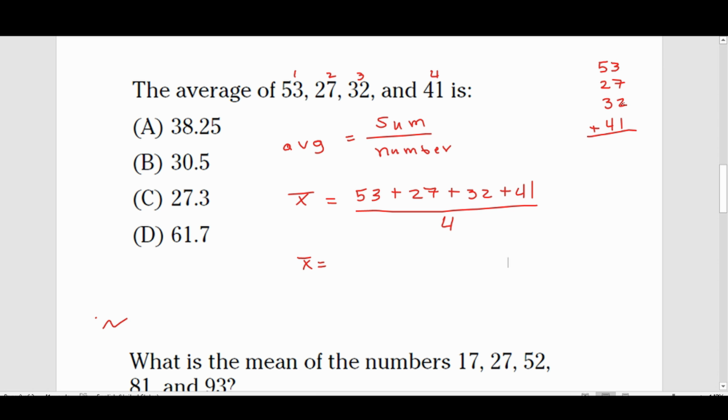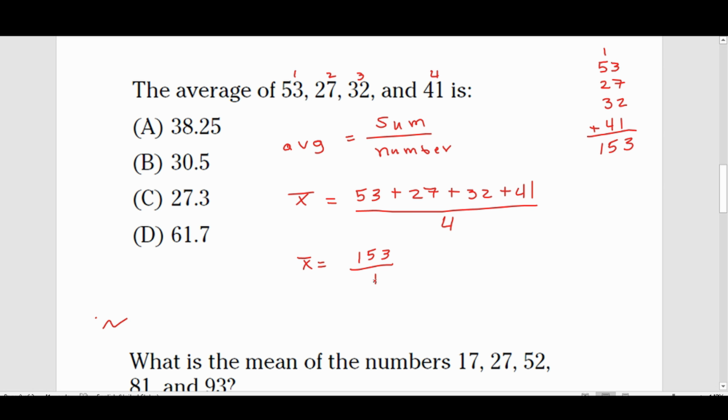Plus 2 is 12. Plus 1 is 13. Carry the 1. 5 plus 3 is 8. Plus 2 is 10. Plus 1 is 11. Plus 4 is 15. So we know the sum of all the numbers is 153.